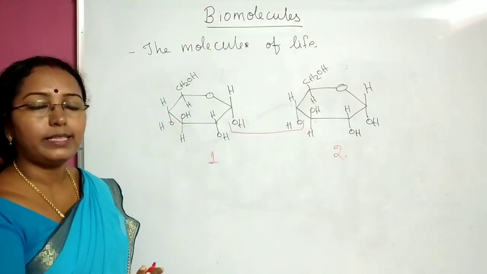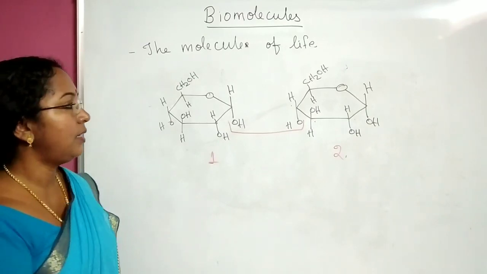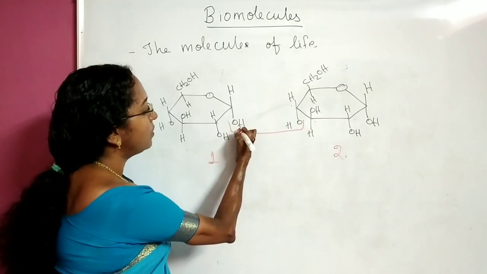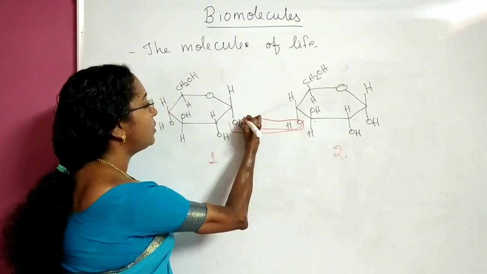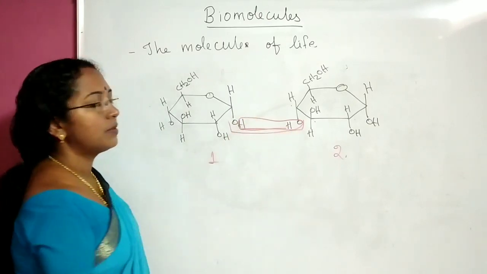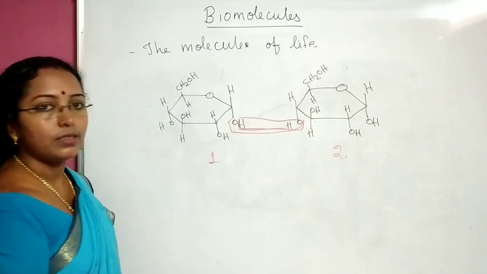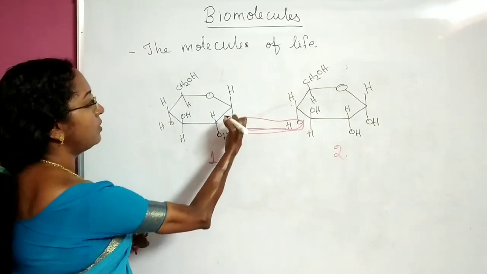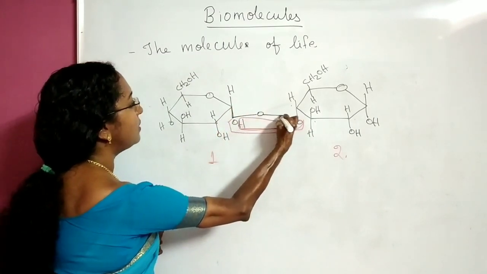Fourth carbon of the next glucose, I am making them engage in a linkage. So in that linkage, water molecule is getting removed. H2O is getting removed. What is left? One oxygen is left. Right? Water molecule is getting removed and this one oxygen is left. So that one oxygen, I am making it in this bond.